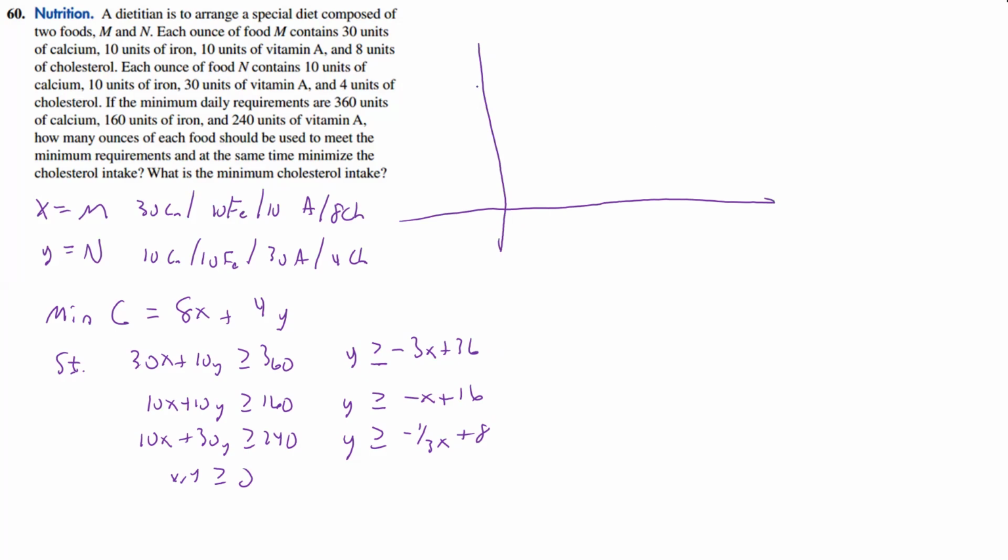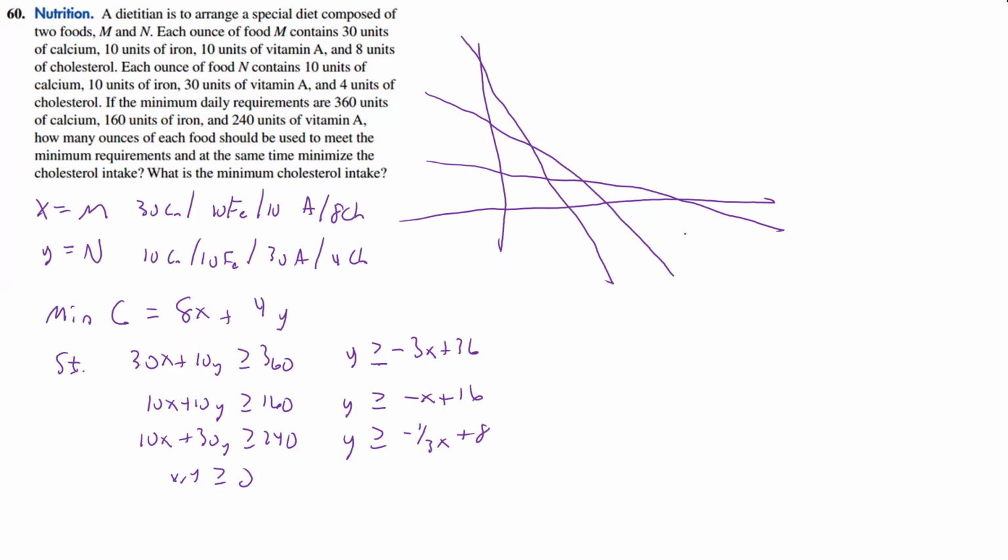At 36, it's going down at a pretty steep angle. Then 16 is our next one, not as steep. And our last one, 8, is our least steep angle, kind of coming down like that.